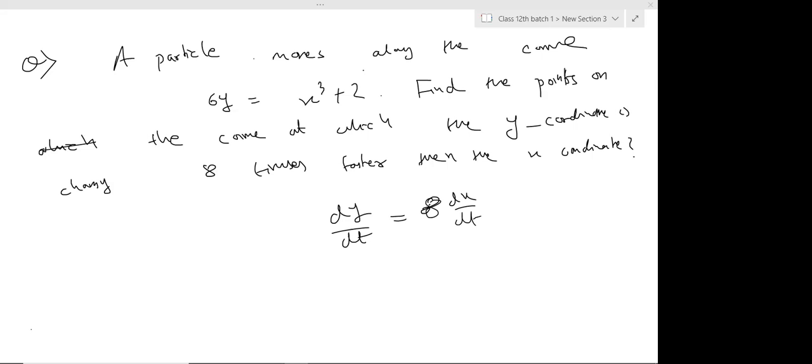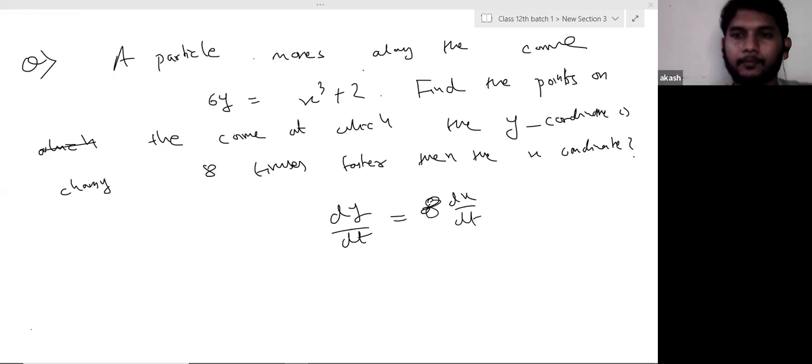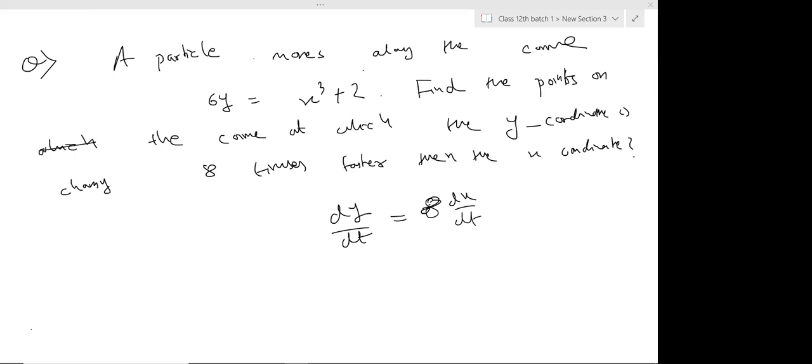Solved it? Everyone solve this? Yes or no? Can you guys solve this? No, sir, I was not able to find it.